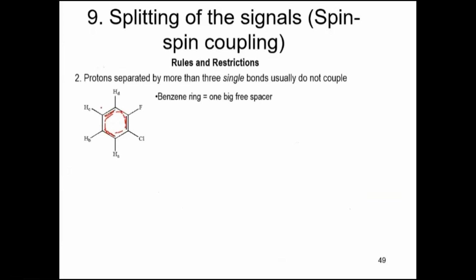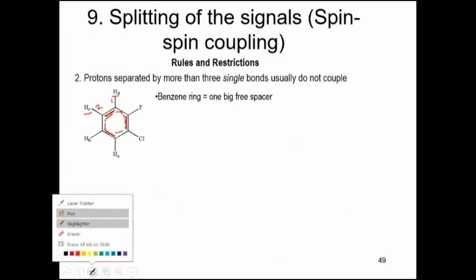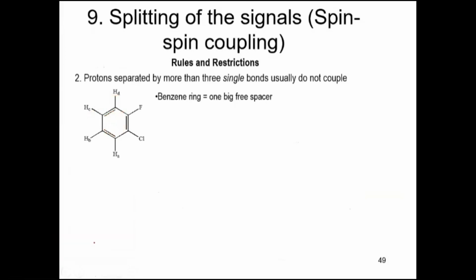So if I want to see the distance between HD and HC, it is 1, 2 bonds. So they are as good as attached to the same carbon, like in the case of geminal coupling. I hope you understand the scenario, why that one big spacer is the benzene ring.